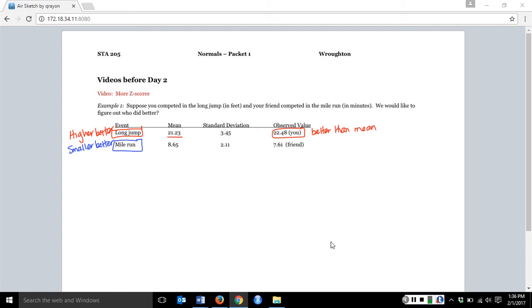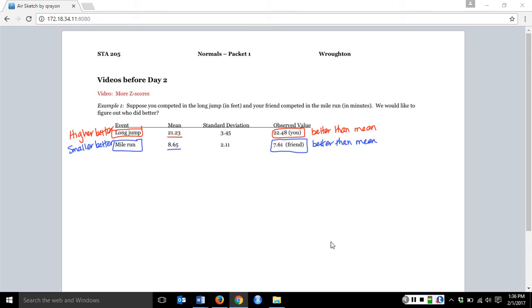Now if I do something similar for our friend, they ran the mile run in 7.61 minutes. The mean time to complete it was 8.65 minutes. So they were quicker than the mean. And again, quicker is good here because that means it's a smaller number than the mean. So they also did better than the mean.